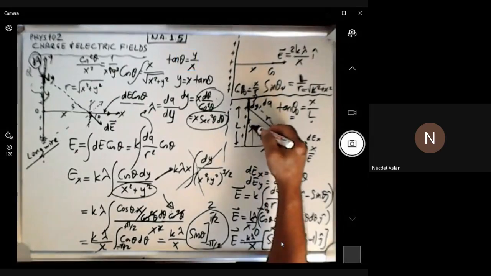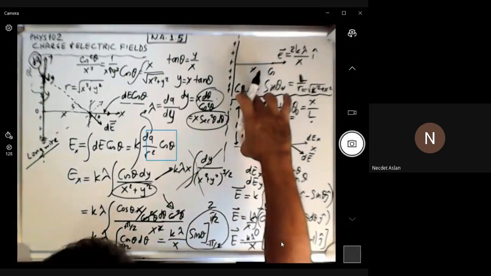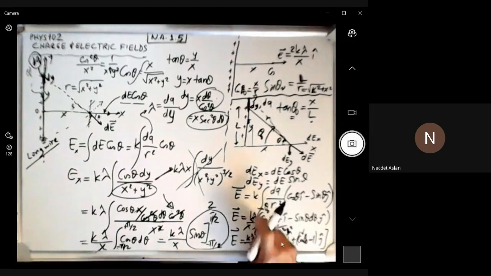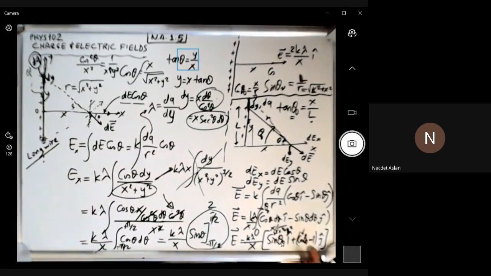We will use this height. But when you consider the total length, which gives the limits in this integration, then we will have this case. Again, the electric field will be totally dependent on x. However, it will also be dependent on the length of this wire, which is L.